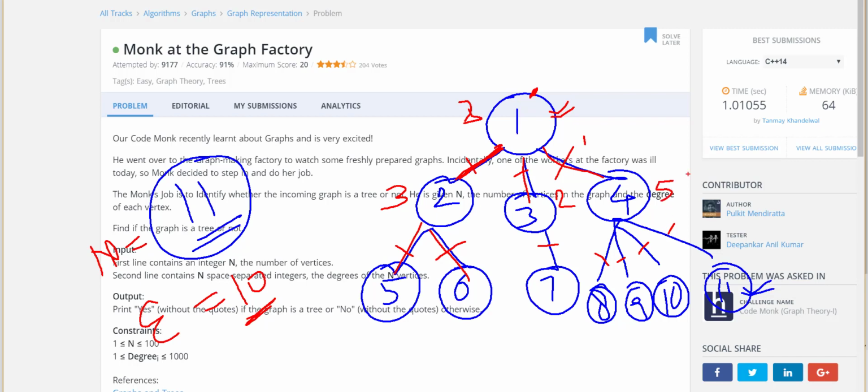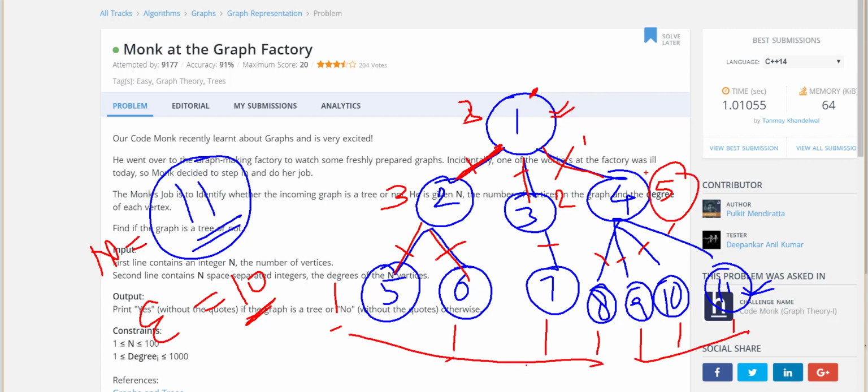So essentially, if we keep on adding, 5 has 1 edge, 6 has 1 edge, 7 has 1, 8 has only 1, 9 has 1, 10 has 1, and this has 1. So overall, if we see 1 plus 1 plus 1 plus 1 is 4, 3 more is 7, 5 is 12, and 2 is 14, and 3 is 17, and 3 more is 20.